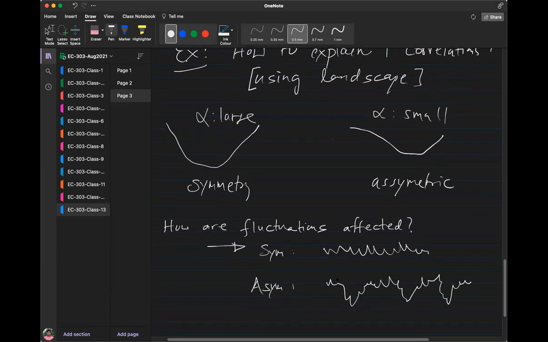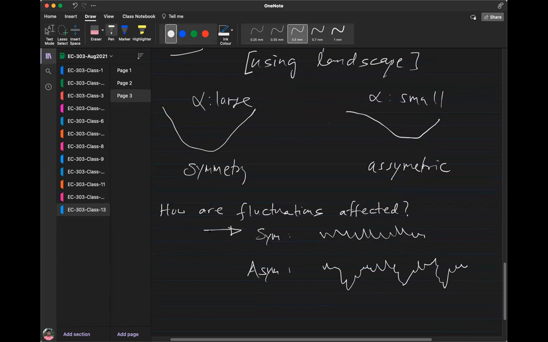So what we will find is that you will get more and more skewed fluctuations as you approach bifurcations or thresholds.